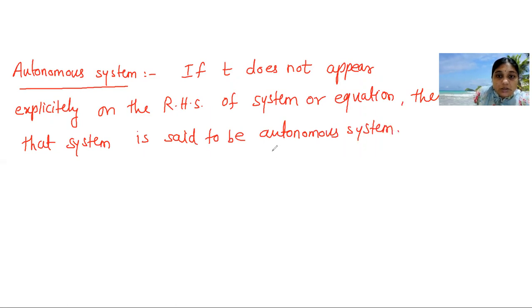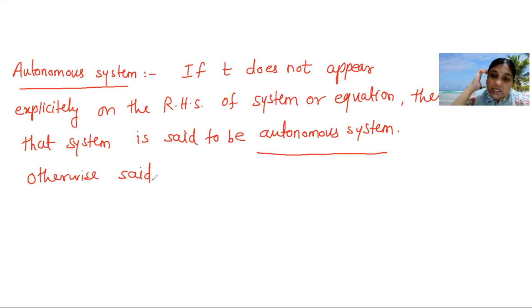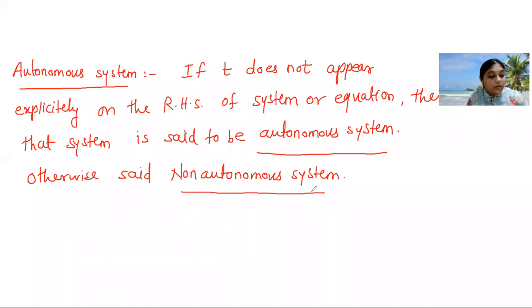Otherwise, it is said to be non-autonomous. Otherwise means if t appears explicitly on the right hand side of that system, then we say it is non-autonomous. So whatever equation 1 we have written in the system form is an example of an autonomous system.